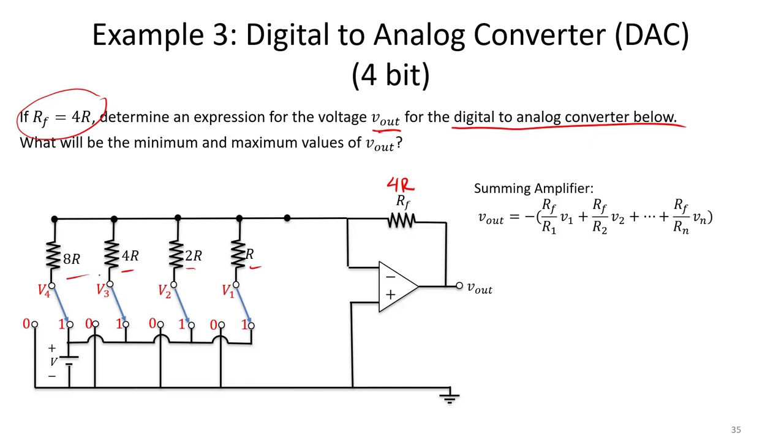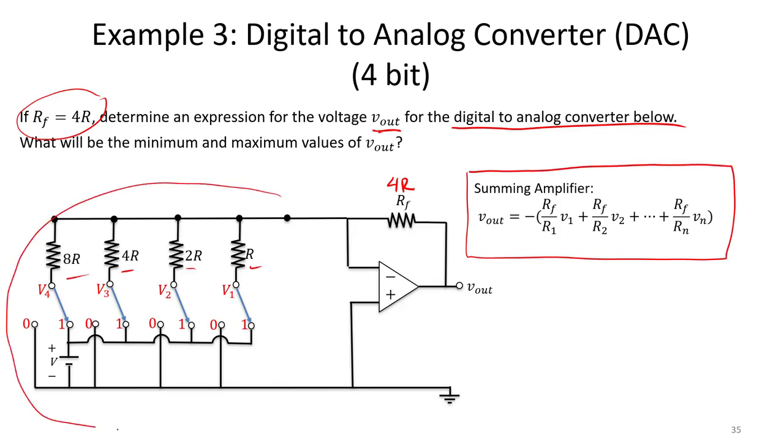So the first thing you might notice about this circuit is that this circuit contains a summing amplifier. And basically what the summing amplifier is doing is summing the voltages from the 4 bits.